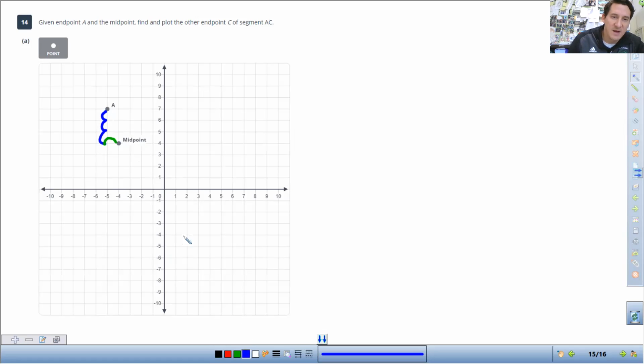So I'm going to do the same thing from the midpoint, 1, 2, 3, to the right 1. Plot my point right there. So there's point C. Coordinates of that is X is -3, Y is 1.